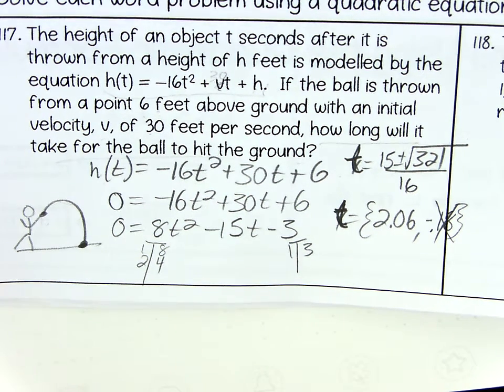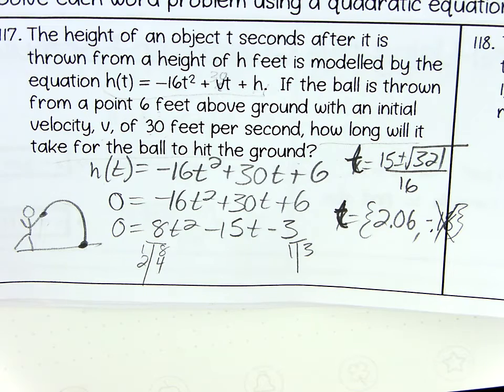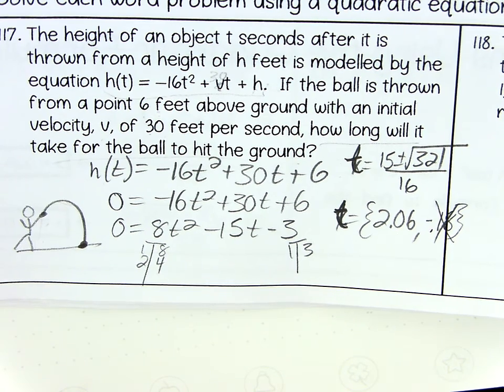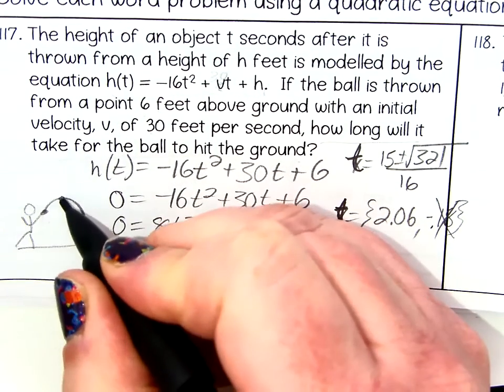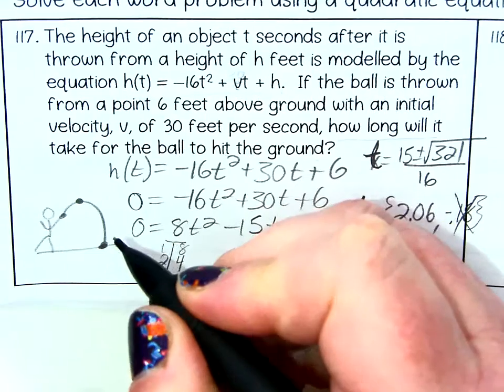What if I had asked you how high the ball would have ever gone? How would you have found that? Vertex. Yes, the vertex. Now, what part of the vertex? Remember, it's in the coordinate, x comma y. Which one of the two would have gotten you how high this ball ever got?